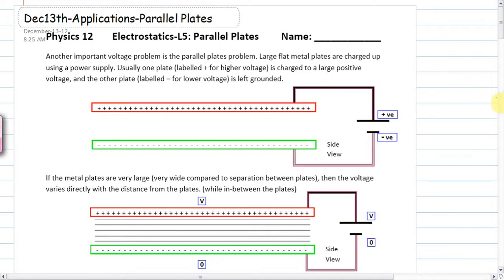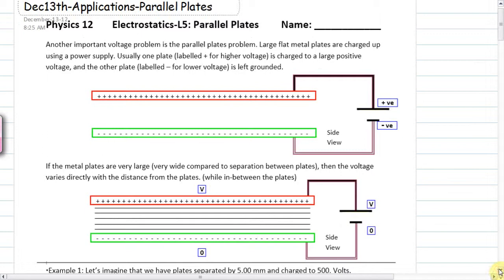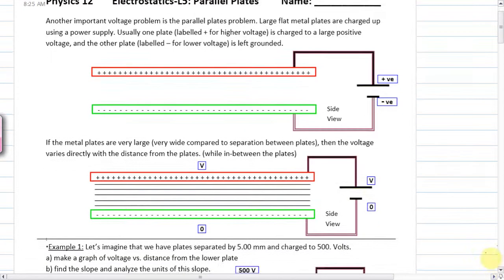And if the plates are very wide and they're quite close together compared to how far apart they are, then we get a cool physics effect in there where the electric field, and I'll just draw the electric field here in, let's say, blue, will be not radial, but parallel.